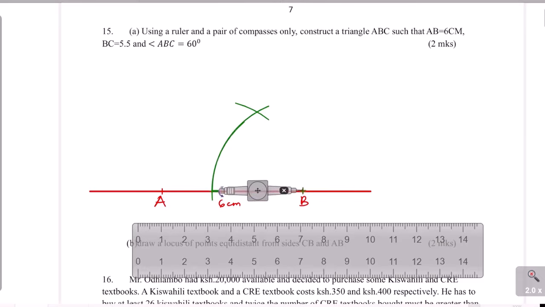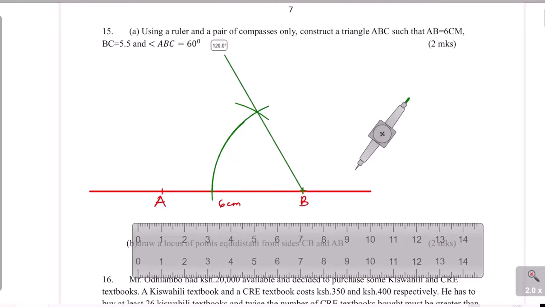So with that radius, I have to repeat this. Then you stand here. Then you cut that arc. Then you join B to the point of intersection of the arcs, like that.